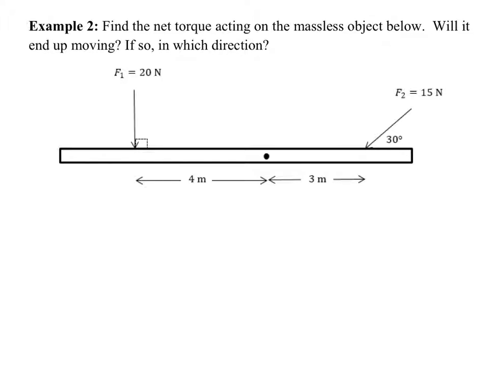It doesn't matter, but just so you know, in this course we're going to assume positive is counterclockwise, which is annoying. You can do it either way. They consider counterclockwise to be a positive torque, and clockwise to be negative.